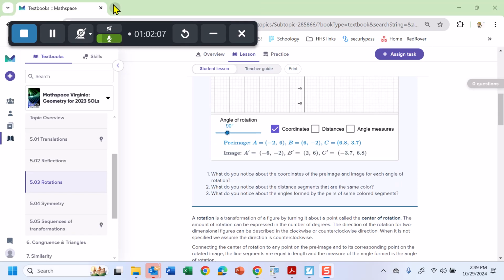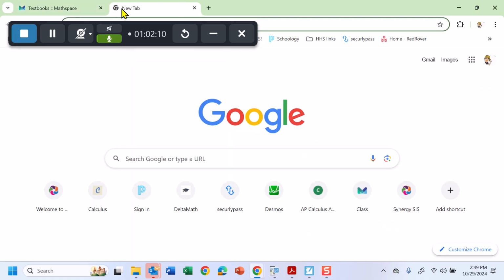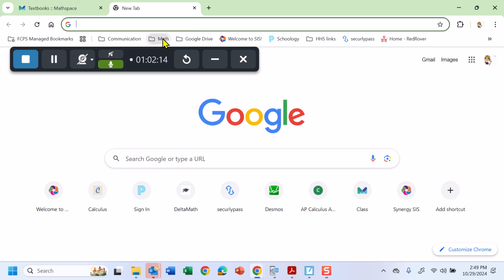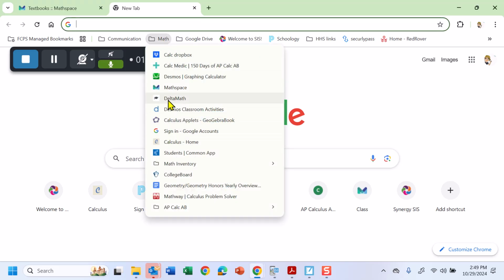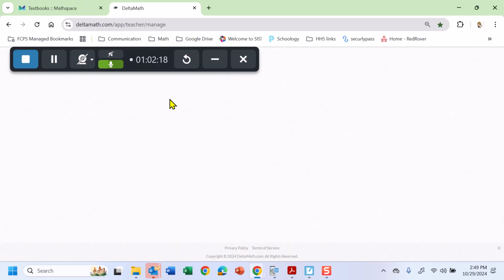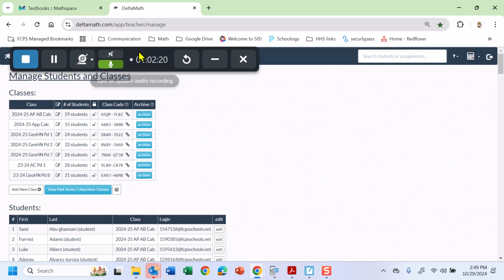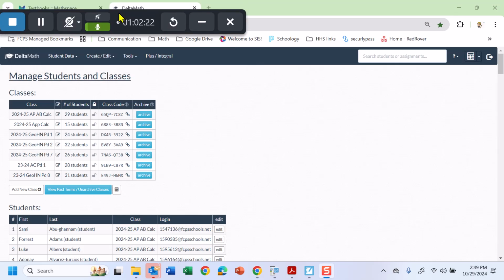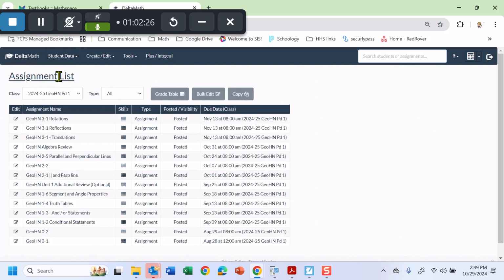In addition to MathSpace, we also gave you some Delta Math practice. I love the Delta Math practice because we have translations, reflections, and rotations.